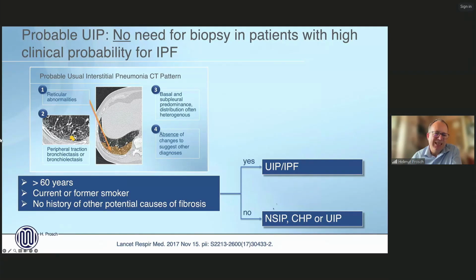And if the patient is younger, you should go for a biopsy because there are all these other differential diagnoses which would require other therapies. The new ATS guidelines published last year state essentially the same. So what is always important? Look at the clinical context. That's what leads you to the diagnosis.